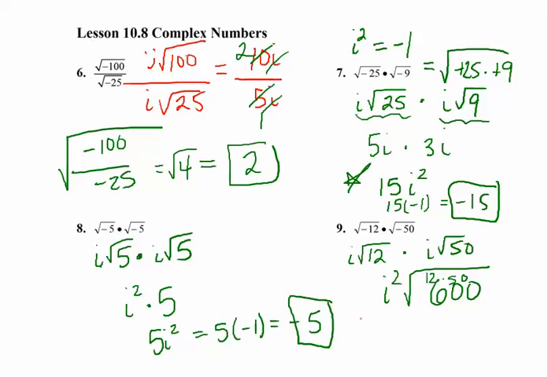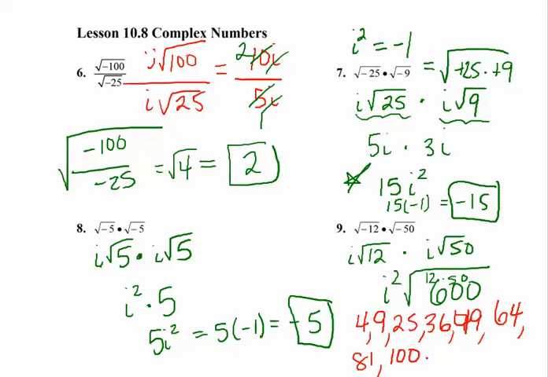So my list of perfect squares, I have 2 squared is 4, 3 squared is 9, 4 squared 16, 5 squared 25, 6 squared 36, 7 squared is 49, 8 squared 64, 9 squared 81, 10 squared is 100. Now that's a good one because 100 goes into 600 6 times. So this is i squared times the square root of 100 times 6.